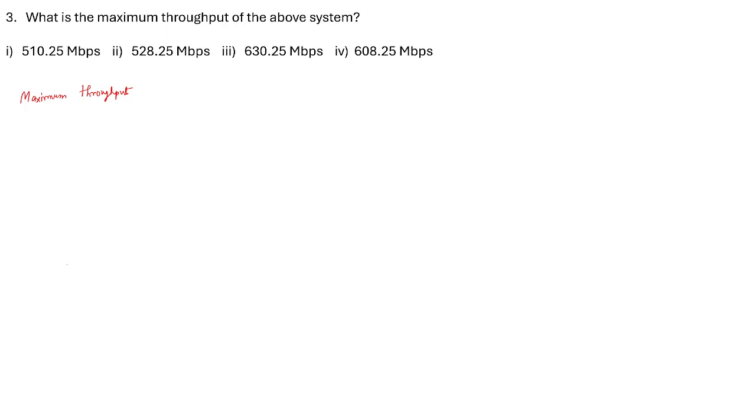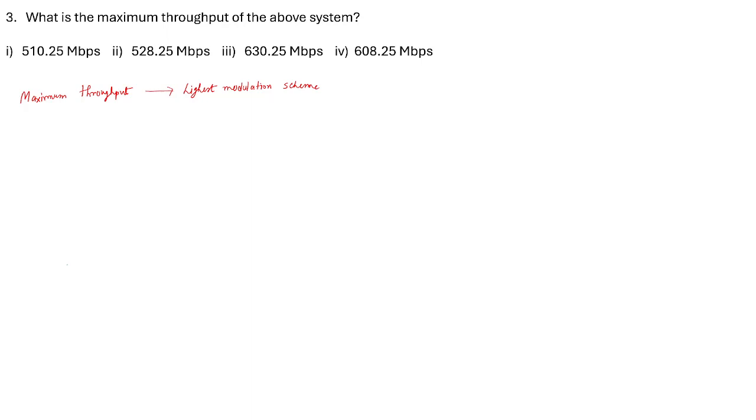So for maximum throughput, you are going to choose the highest modulation scheme, and I need not say why, because a higher modulation scheme is capable of transmitting more bits per symbol, which is directly proportional to your throughput.